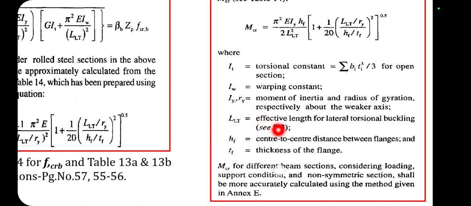LLT is the effective length for the torsional buckling. If you see Table 8.3, you will get the effective length for the torsional buckling of a section. hf is the center-to-center distance between the flanges, and tf is the thickness of the flange.